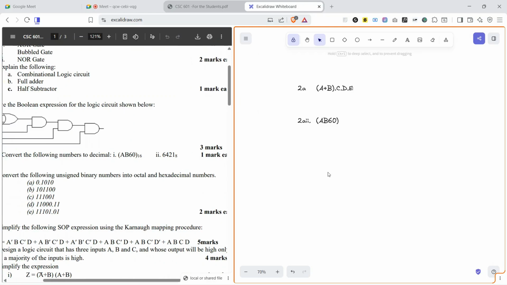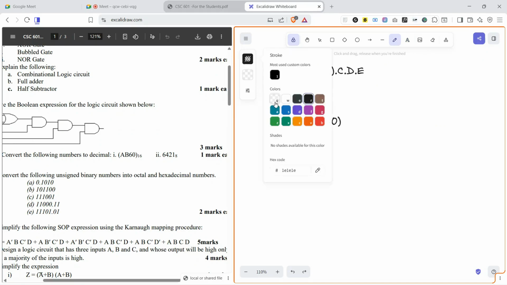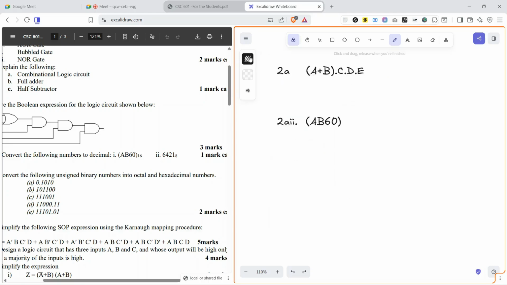To do this, what you want to do is write the positions: zero, one, two, and three.